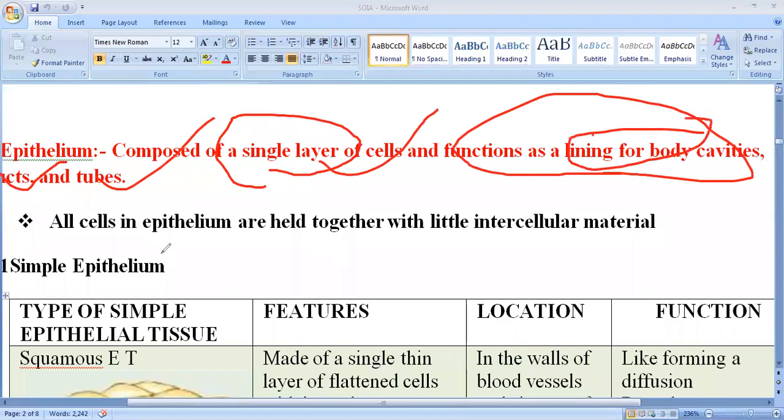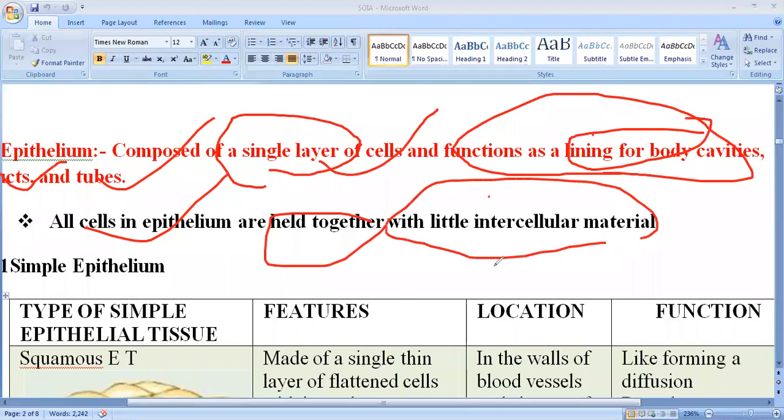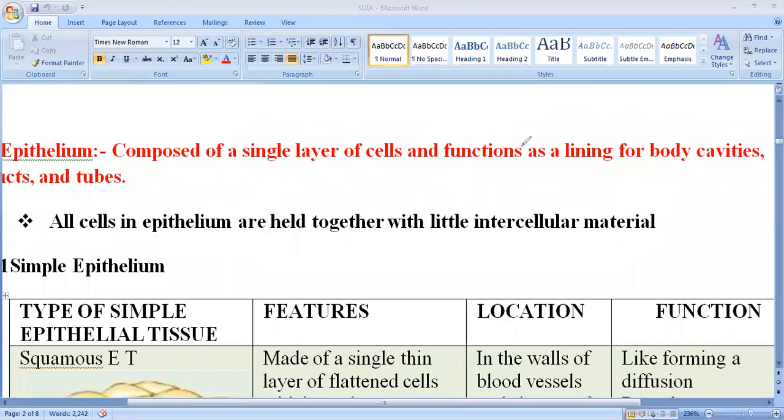Next, all cells in the epithelium are held together with little intercellular material. What does this mean? Suppose this is the epithelial tissue. Here are different cells, a group of cells which form the tissue, and they have no intercellular material.